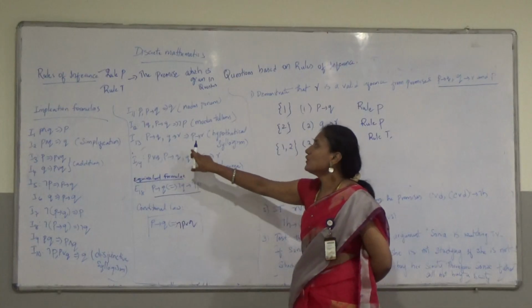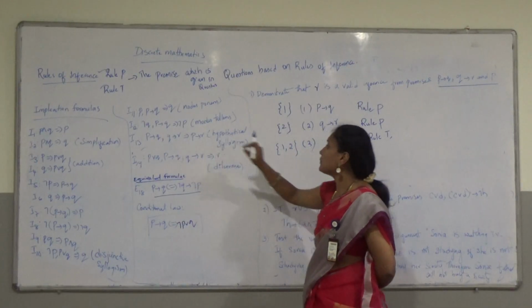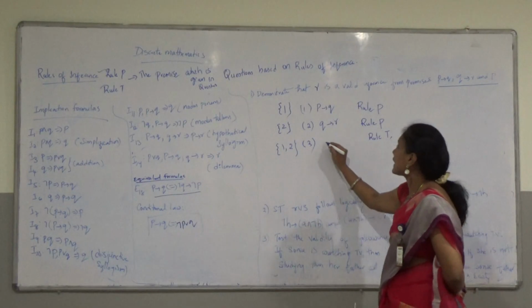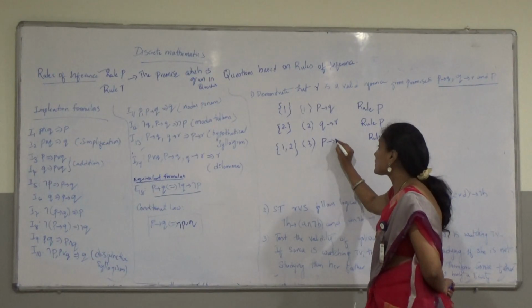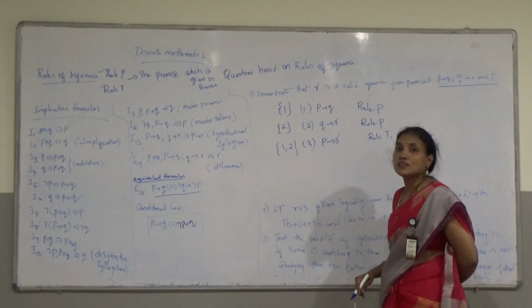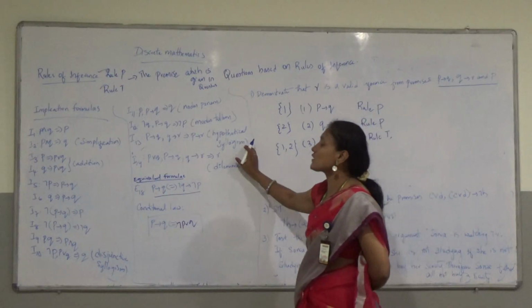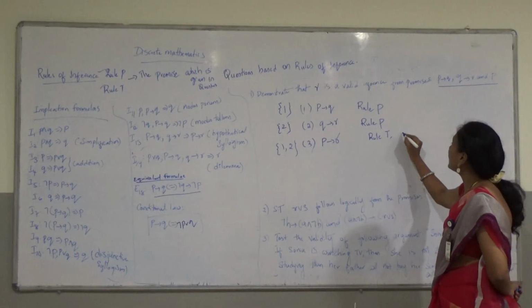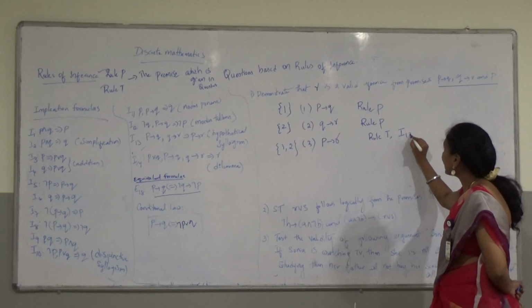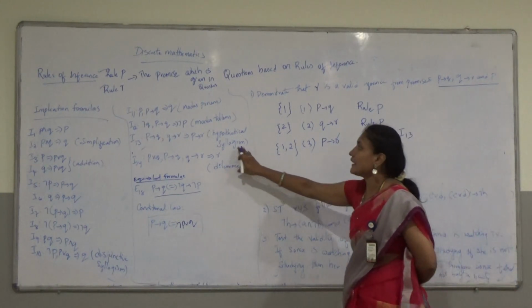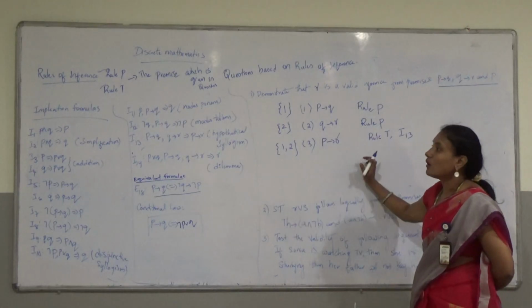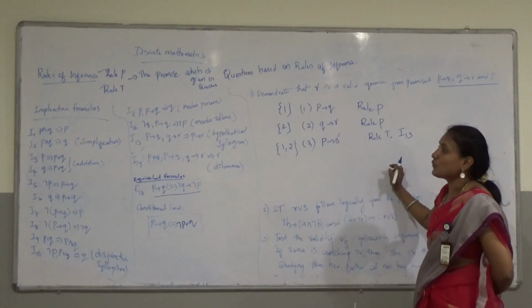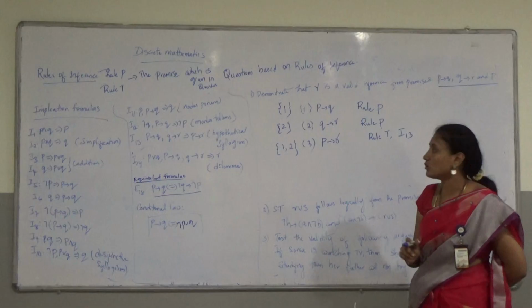P implies Q, comma Q implies R can be written as P implies R. The variables may be different, but the concept is the same, and this is known as hypothetical syllogism. You can write either I13 or hypothetical syllogism, or write the formula directly if the number is not known.